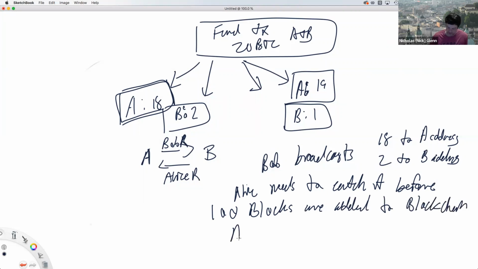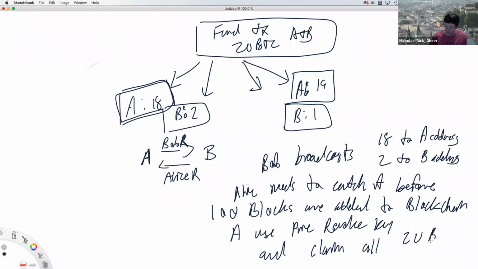If she does, Alice can use the private revoke key. All right. And she'll claim every bit of the funding transaction. She'll claim all 20 Bitcoin in the funding transaction.